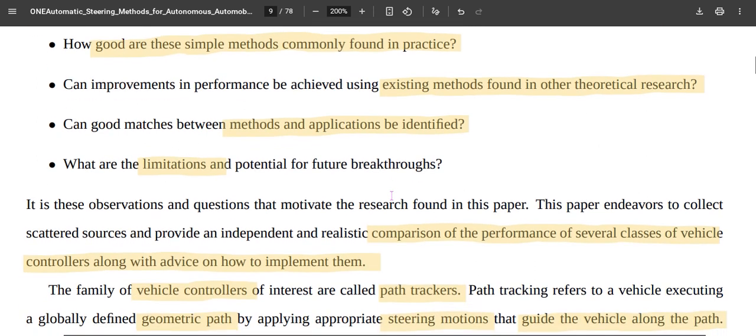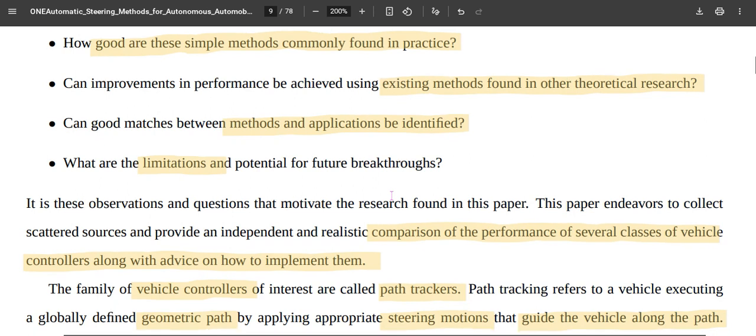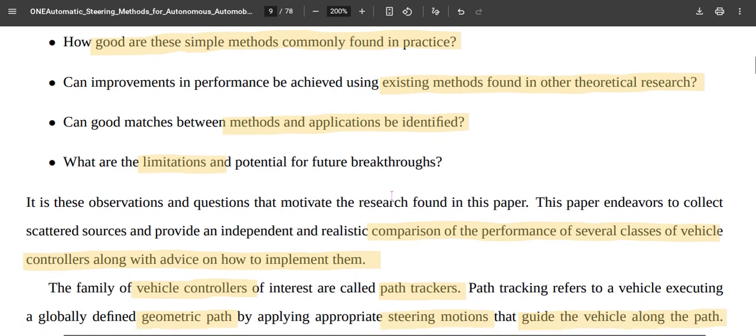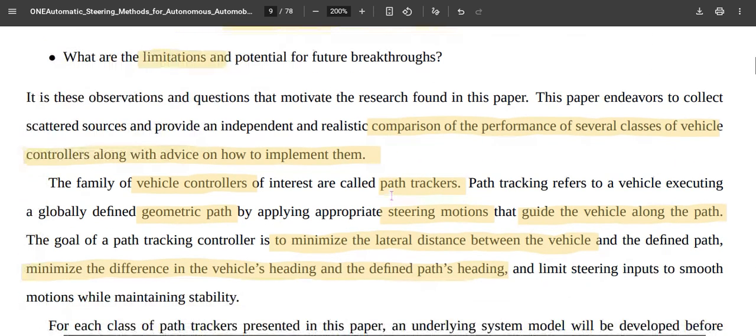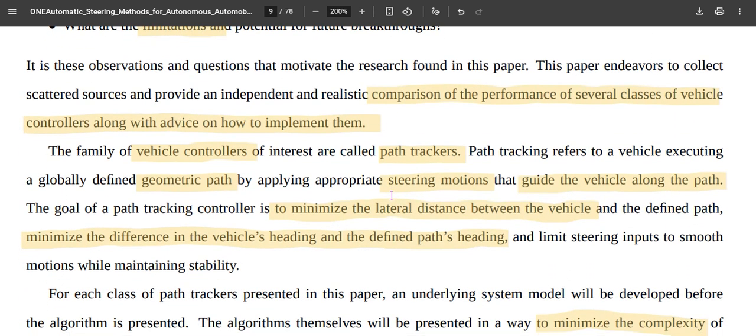These were the questions raised in this thesis, and for this, different classes of controllers are compared, commonly called vehicle controllers or path trackers. Some of them are based on geometrical methods, which we will see in this video.